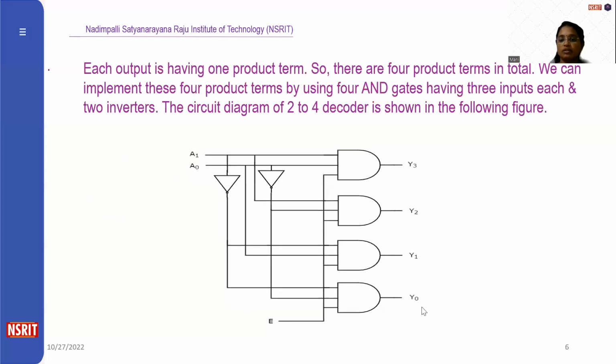Y0 is the output of an AND gate, which is used to multiply the literals. So E multiplied with A0 bar multiplied with A1 bar. Y1 is E multiplied with A0 multiplied with A1 bar. Y2 is E multiplied with A0 bar multiplied with A1. Y3 is E multiplied with A0 multiplied with A1.